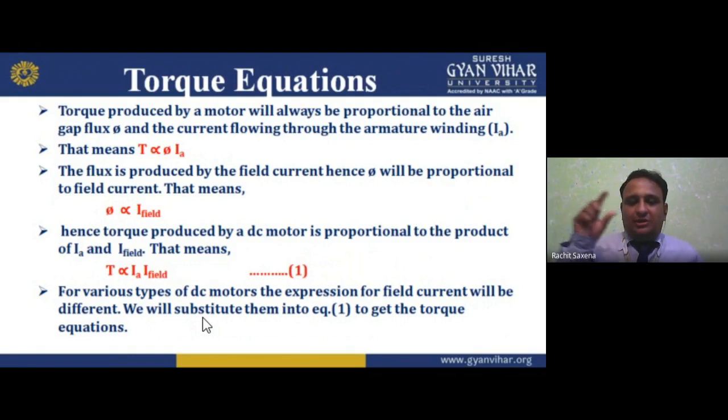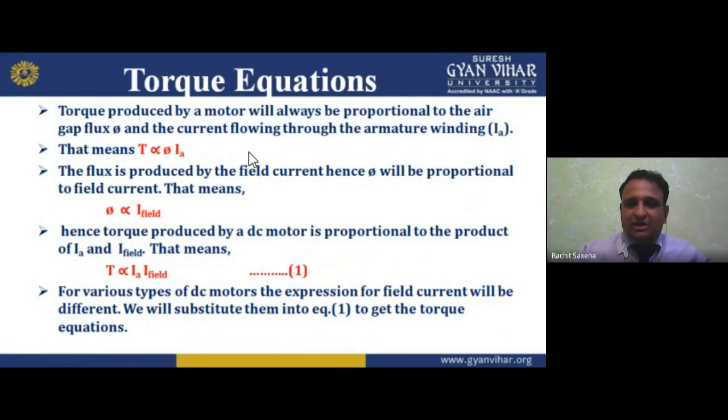So that force is basically responsible for two things: induced EMF, and the current which is flowing in the armature, and current carrying conductor, and magnetic field. Magnetic field means flux. So torque is proportional to the flux.